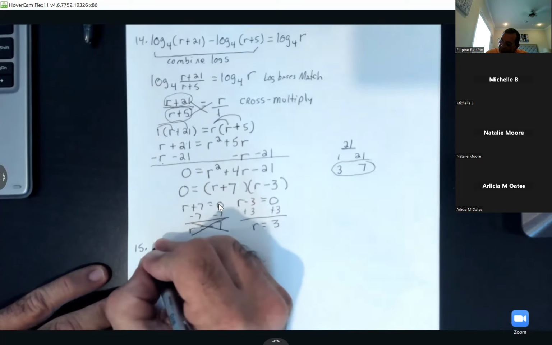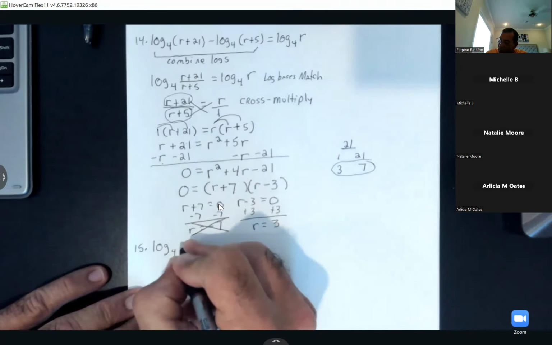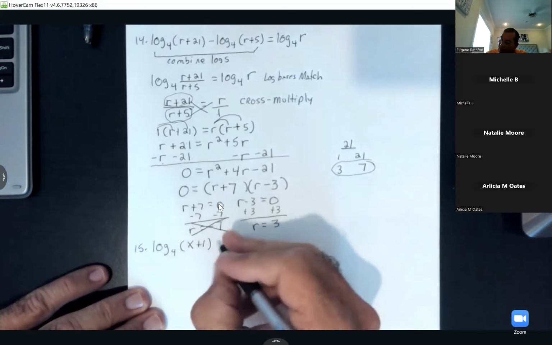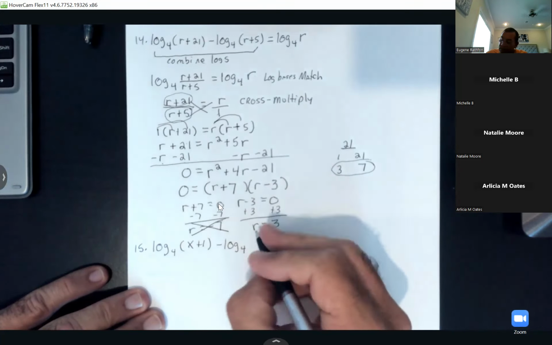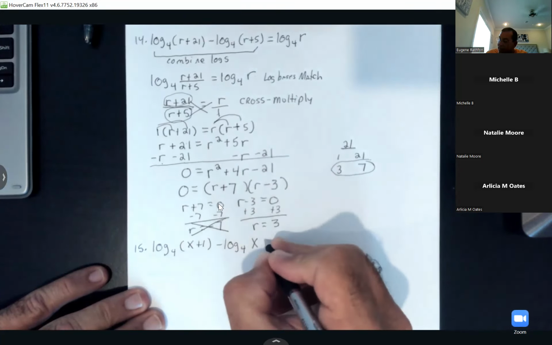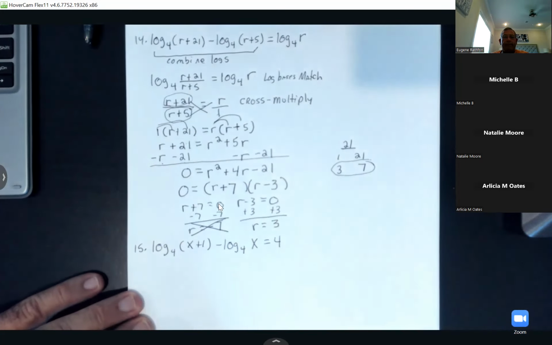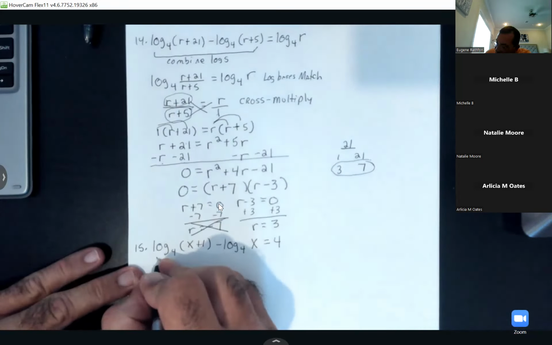Ooh, let's see what we got here. Log base 4 of x plus 1 minus log 4 of x is going to equal 4. So let's see, we got 2 logs on the left side, so we got to combine logs.